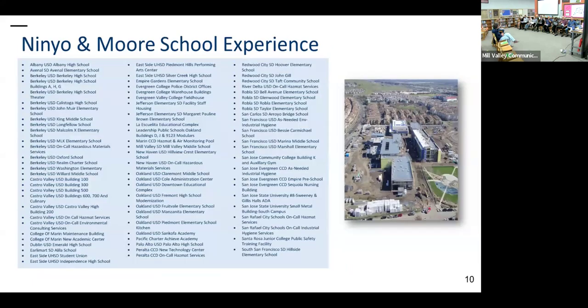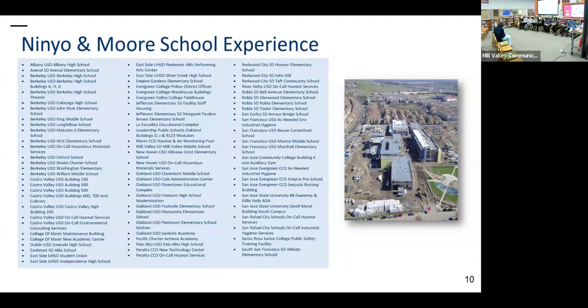This is a list of the school districts we have worked for in California, and there are many others outside of California. The majority of these districts are on-call contracts for which we work on multiple school sites within the districts.